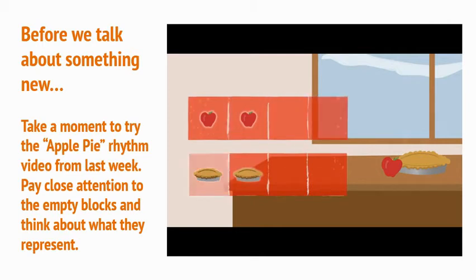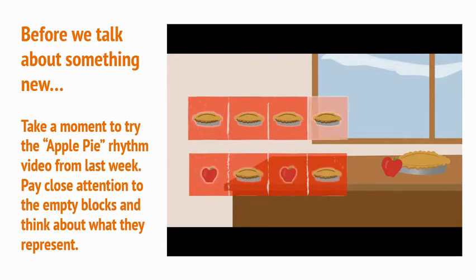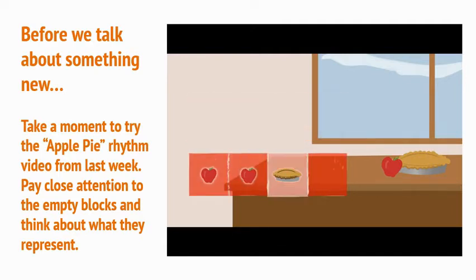Oh, there they were, pie, pie. There's some more. Apple, apple, pie, pie, pie, pie, pie, pie, apple pie, apple pie, pie, pie, pie, pie, apple pie, apple pie, pie, pie, apple pie, apple, apple pie, pie, pie, apple pie, apple, apple pie.